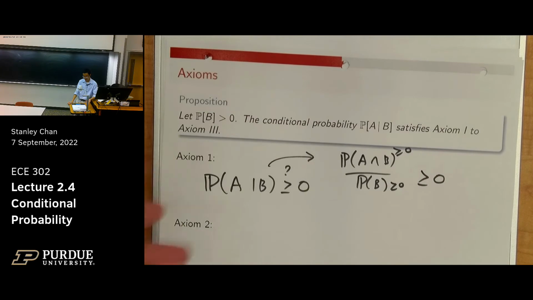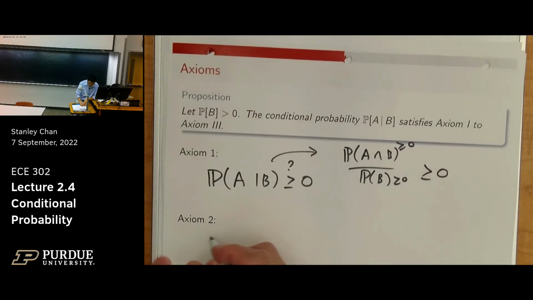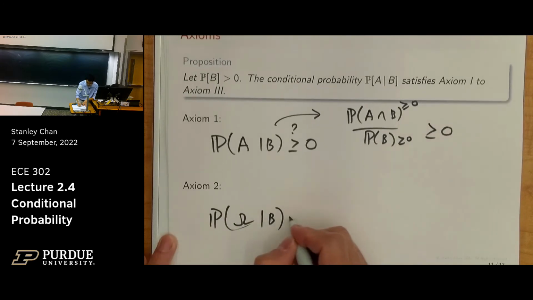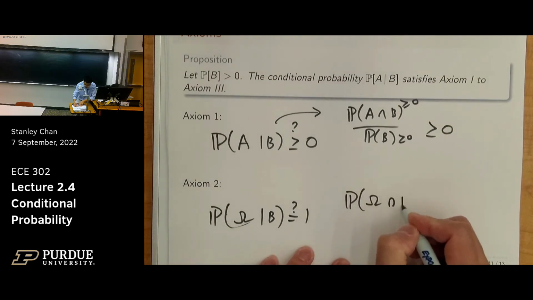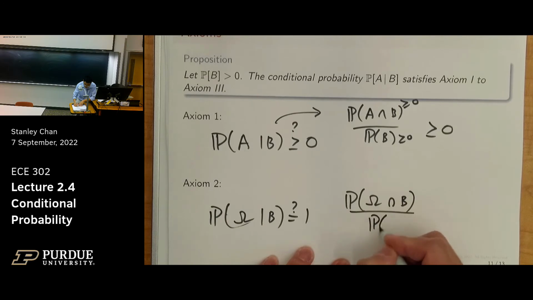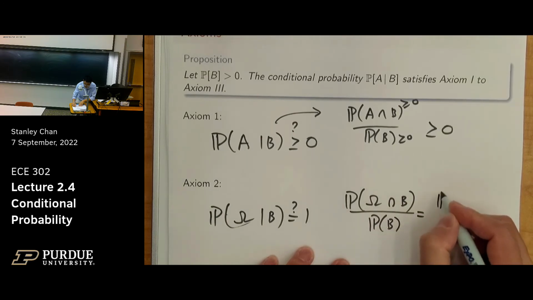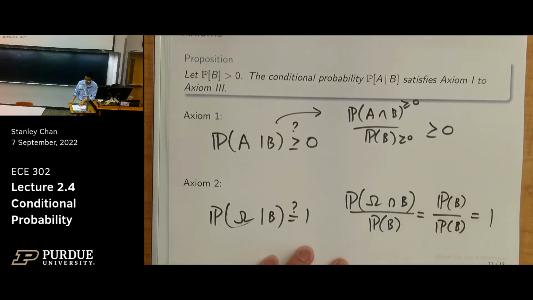So axiom 1 is satisfied. Axiom 2 says that you're still restricting yourself to B, but then you look at the sample space. Would it equal 1? Yeah, of course, because you're looking at the probability of omega intersecting with B, divided by the probability of B. That is the probability of B divided by the probability of B, which gives you 1. So the second axiom is satisfied.